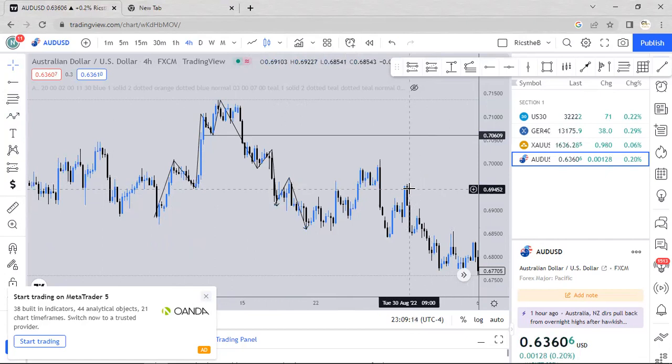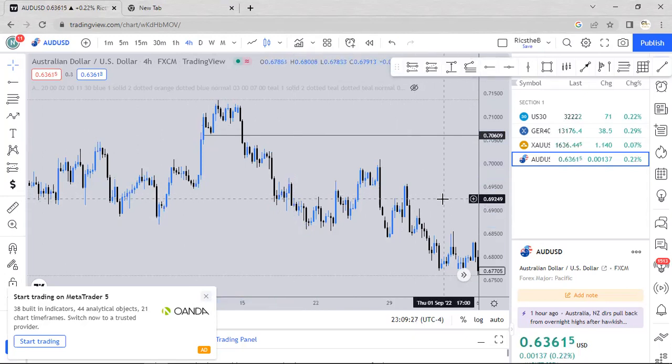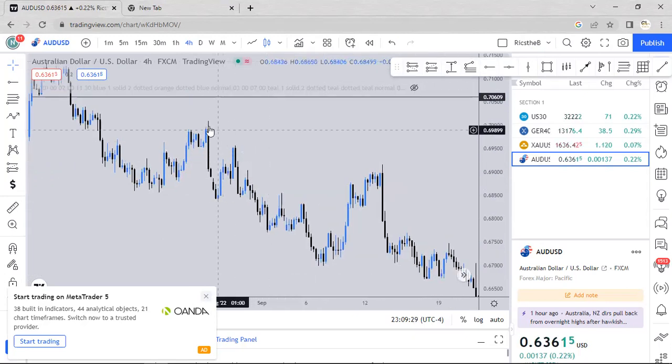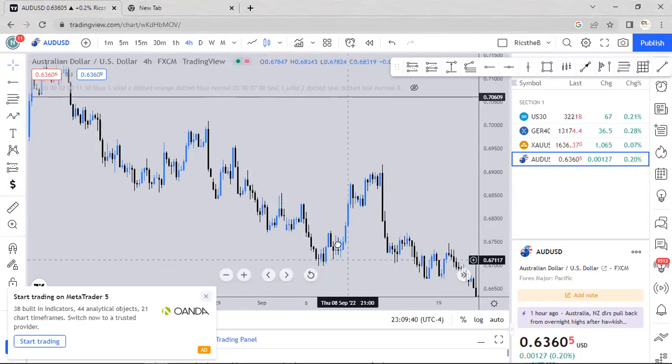Again, structure is the same in all time frames, just that we have so much noise on lower time frames. So it's really important to be able to identify structure. Again, you can see the same thing is happening. We have a scenario where we have lower highs and lower lows, again and again.